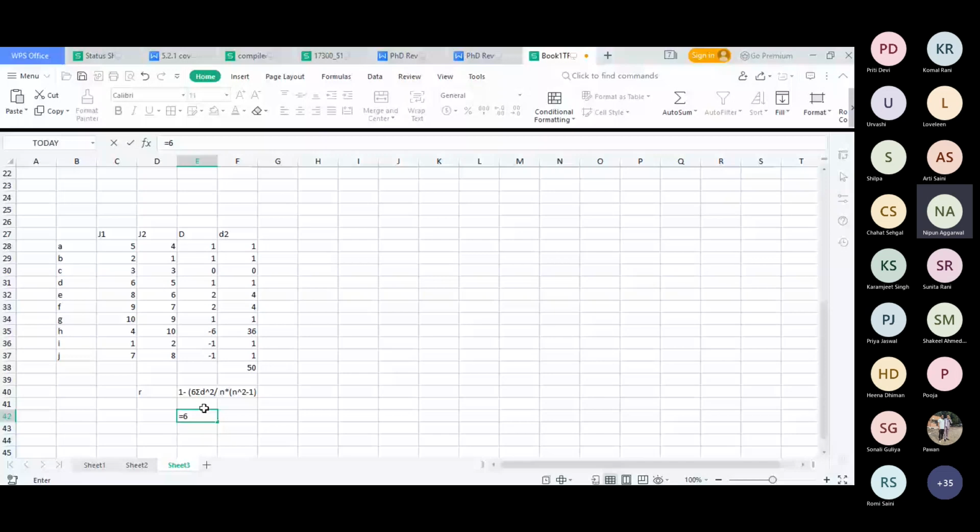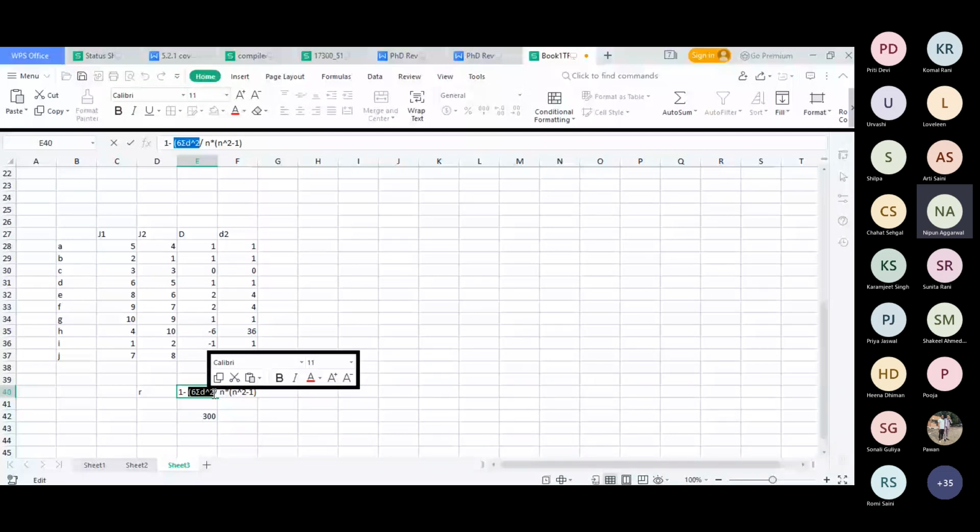So summation d square will be this. So for this particular part, the answer will be 300. That is your 6 summation d square, that is your 300.